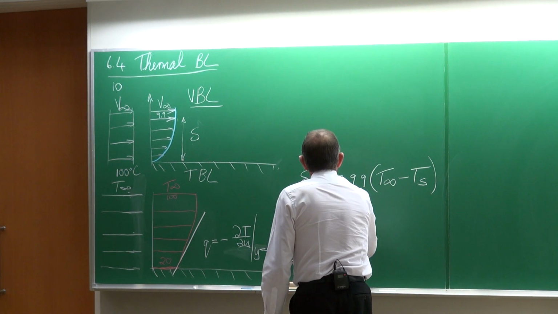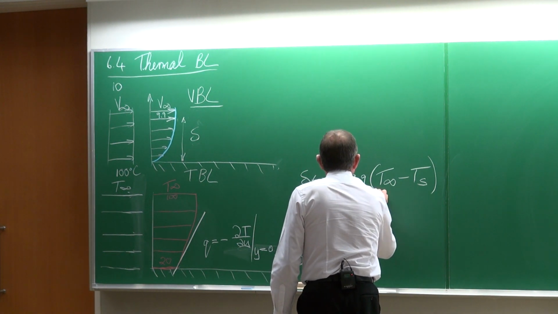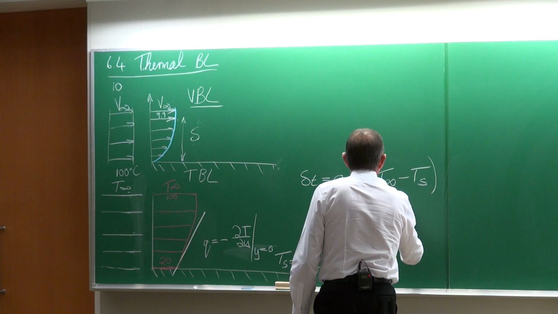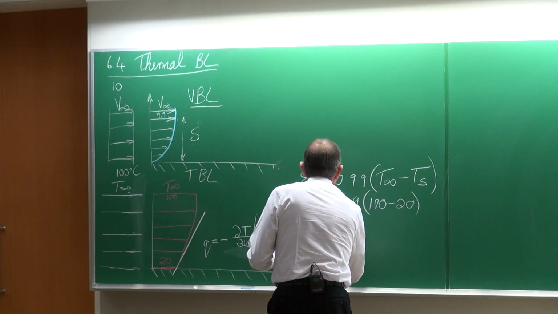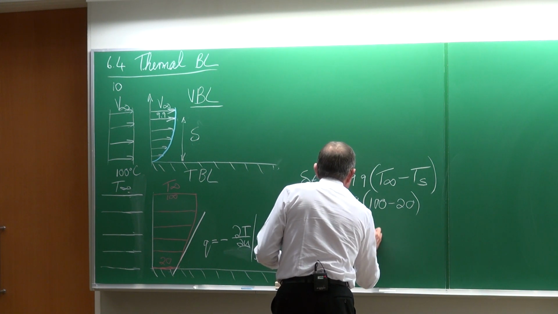So for this case, let's do the calculation. T infinity is 100, the surface temperature is 20, and that is equal to 79.2 degrees Celsius.